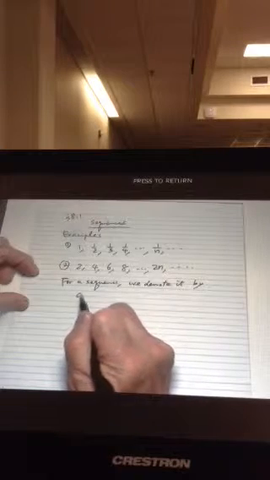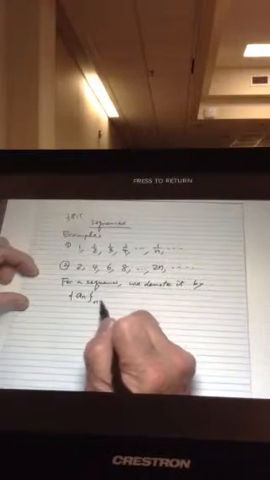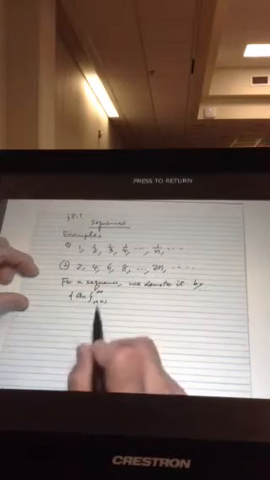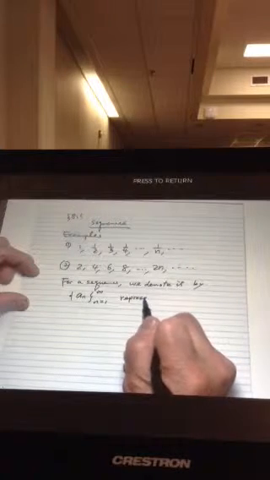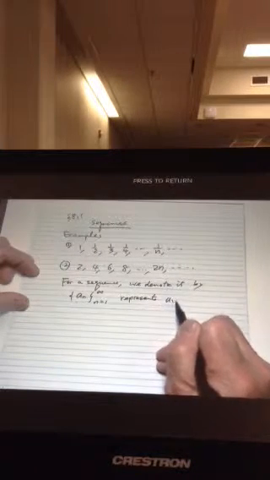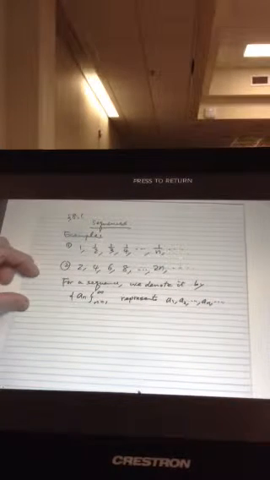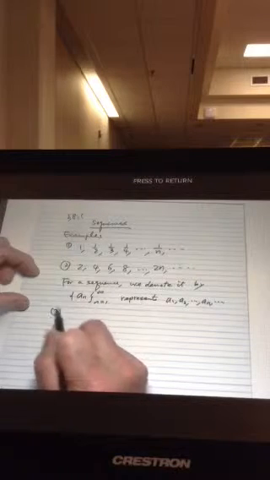Normally we denote it by a_n, from 1 to infinity, like this. And this represents a1, a2, up to an.